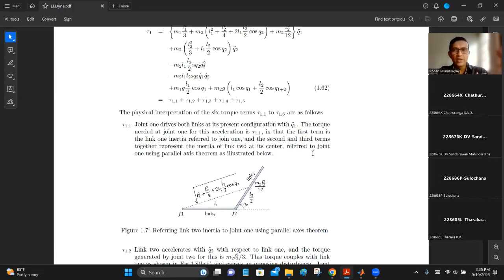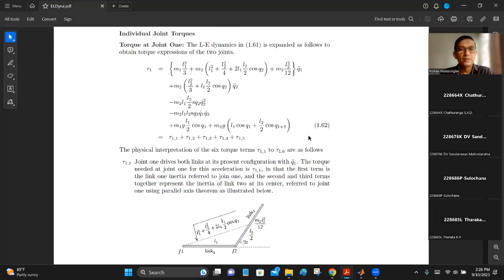Otherwise, link 1 will deflect because of all these motions of the other links. So joint 1 has to generate different torques to cancel out all these disturbances because of Coriolis force, because of centripetal forces, etc.